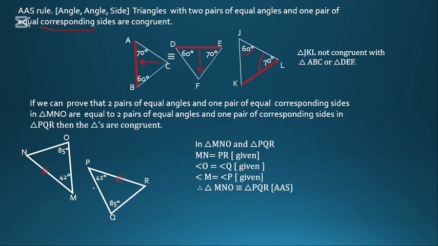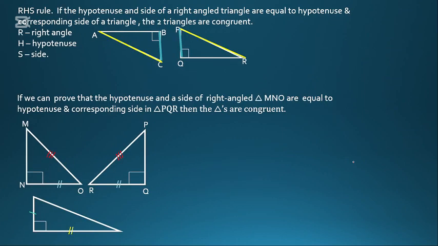Angle M is equal to angle P, and the reason for that is given. And for that reason, therefore, triangle MNO is congruent to triangle PQR. Angle, angle, side. Right. Fourth one.